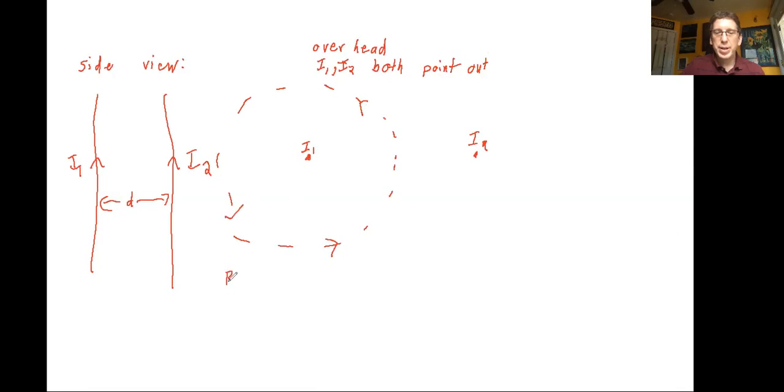So B1 is equal to mu naught I1 over 2 pi r. And it's going to be counterclockwise.